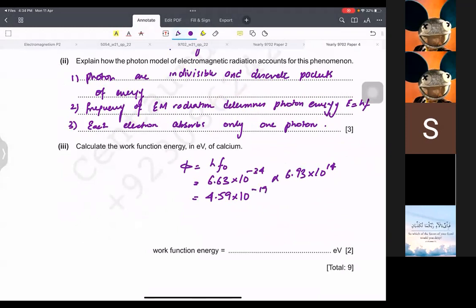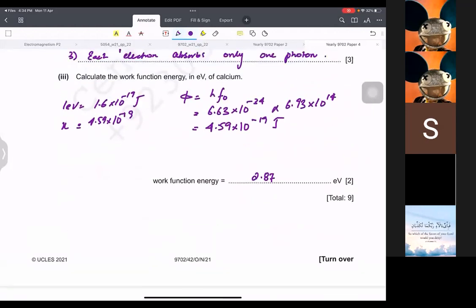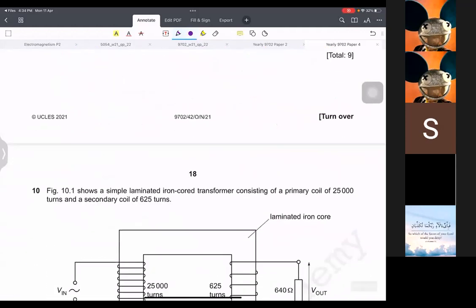Okay, so this is in joules, and we need to find it in eV. So 1 eV is going to be 2.87. 2.87. Okay, that's good. That's pretty simple, right?